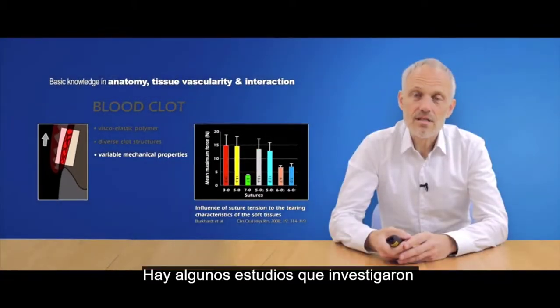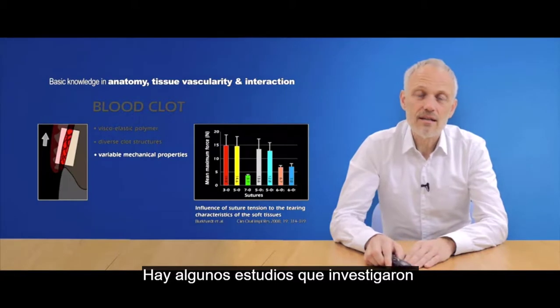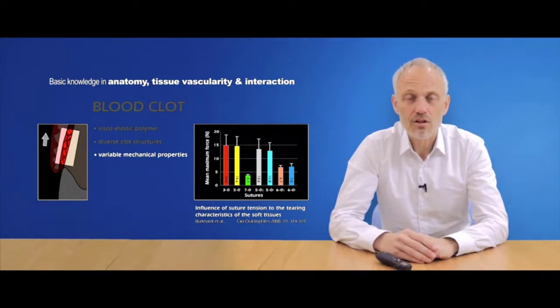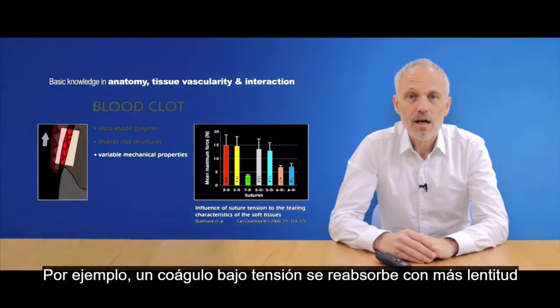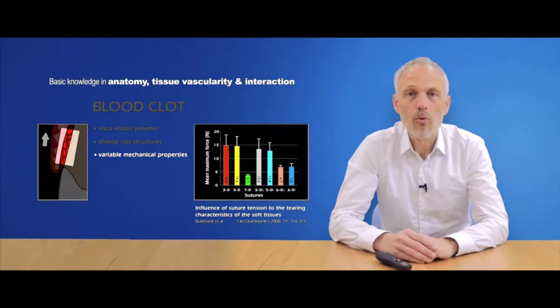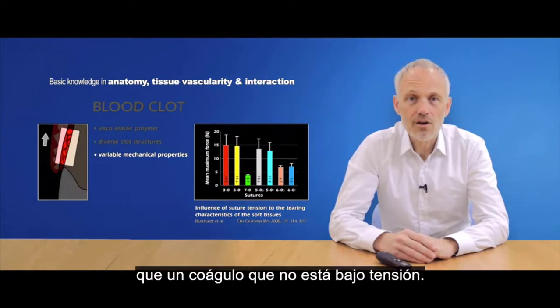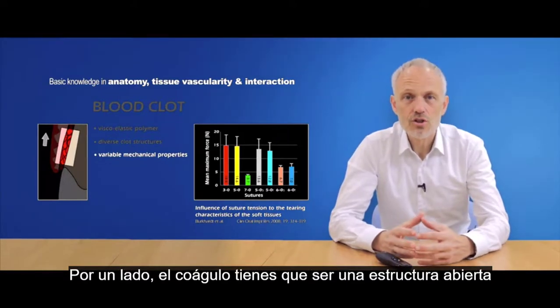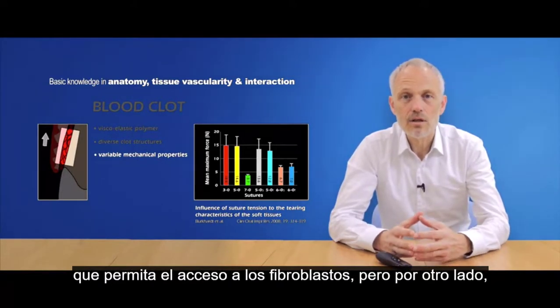There are several studies that investigated the clinical behavior of the clot. For example, a clot under tension resorbs more slowly than a clot that is not under tension. On one side, the clot has to be an open structure to allow access to the fibroblasts.